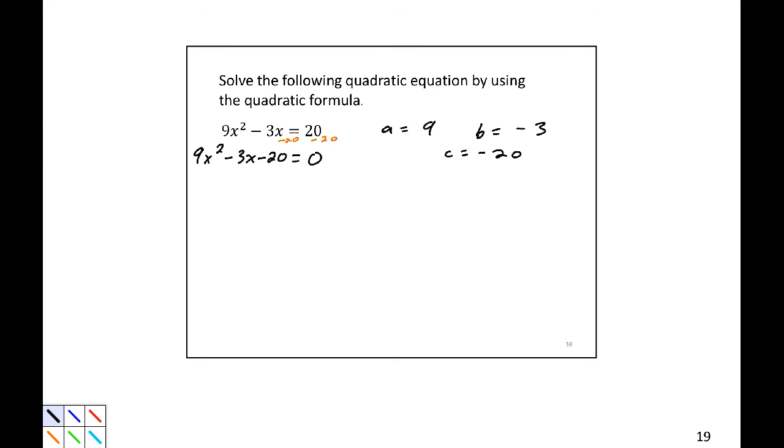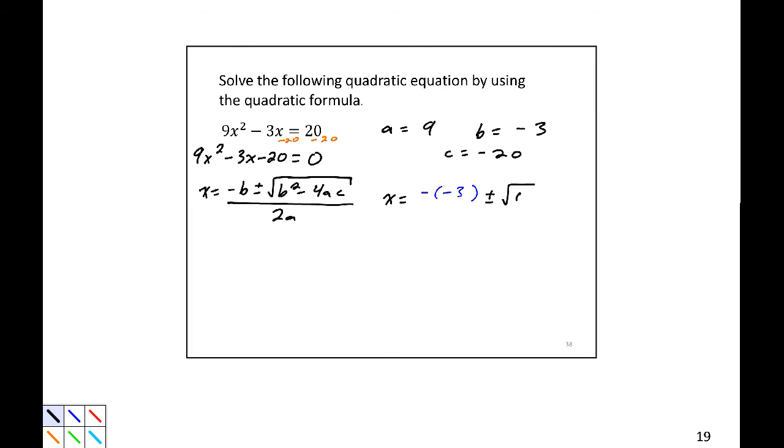That's important. So we will use our formula x equals negative b plus or minus the square root of b squared minus 4ac, all divided by 2a. Replace those values, so x equals negative b. That's the opposite of b. So I'm going to write that as negative negative 3, but in reality, we're going to treat that as if it's a positive.